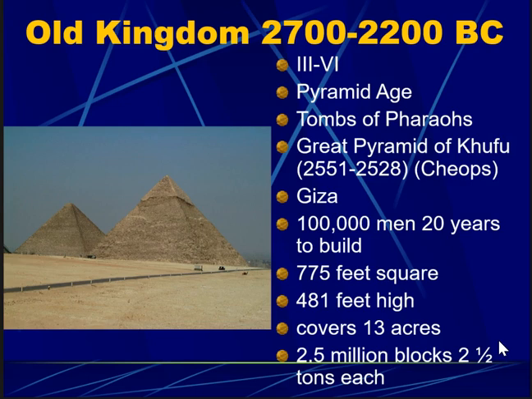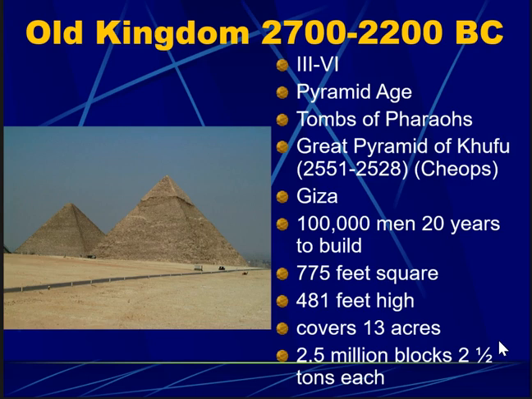But it was 481 feet high, which was the highest man-made structure until, I think, the end of the 19th century. In other words, it was the tallest man-made structure for over 4,000 years. And it's just massive. It's huge.